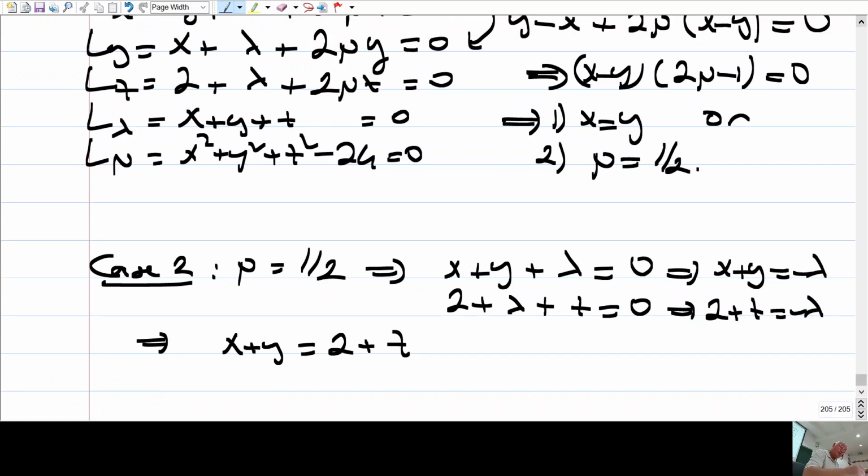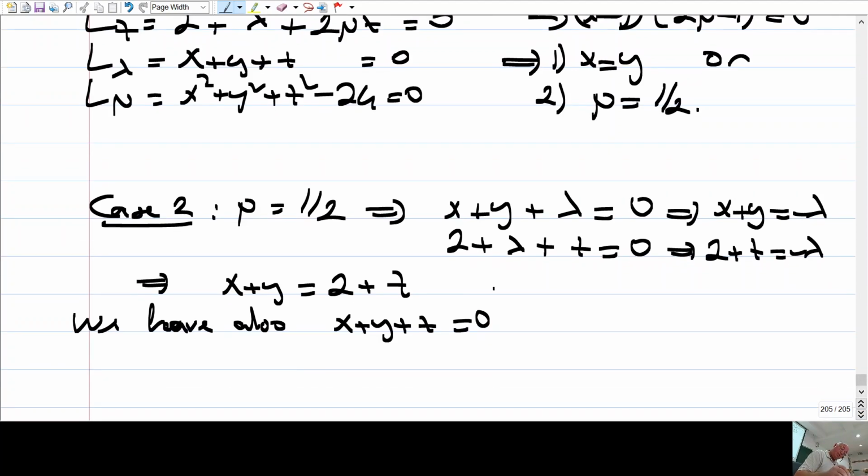We have also this equation, x plus y plus z equals 0, right?